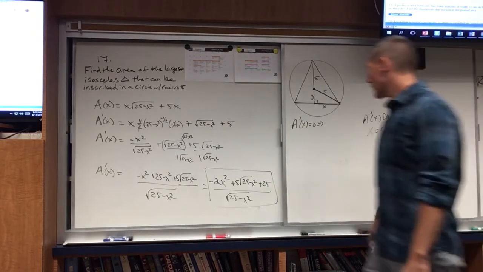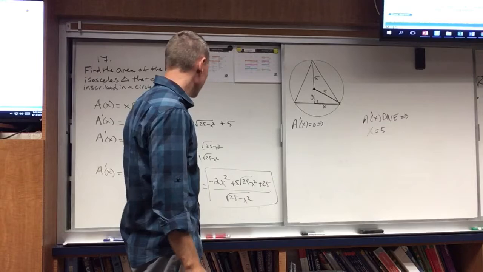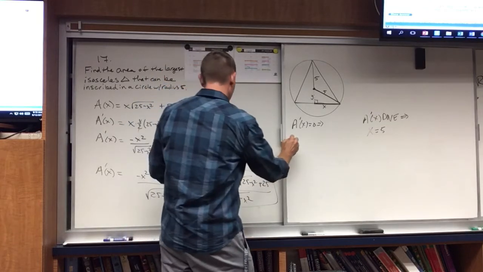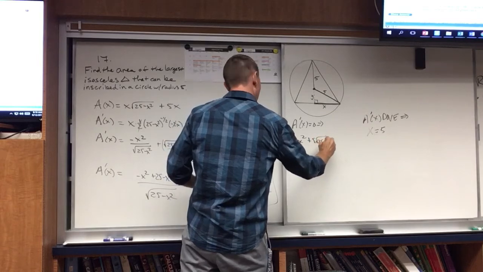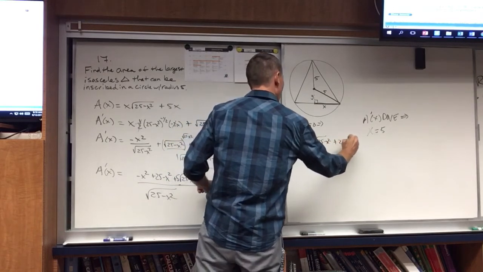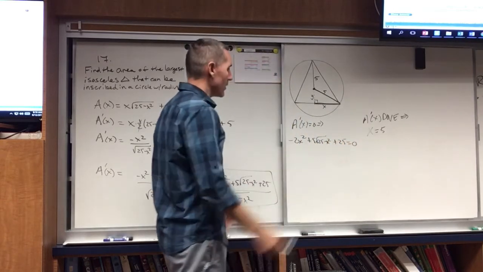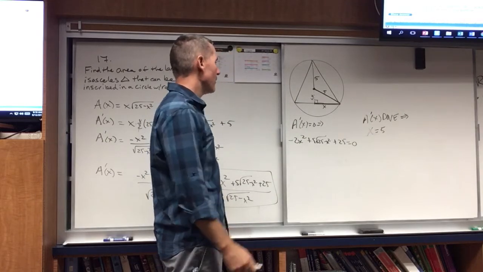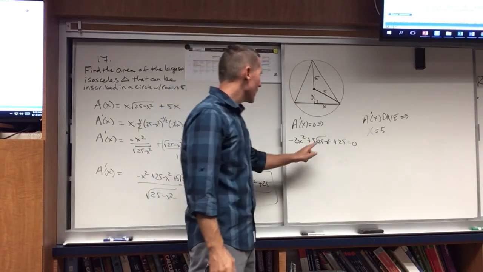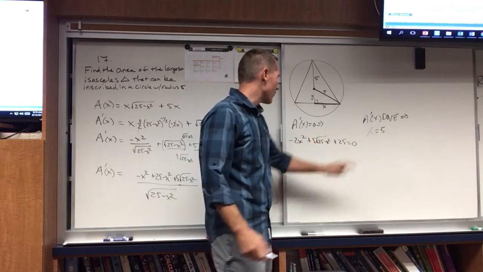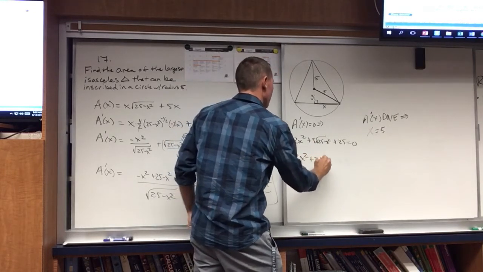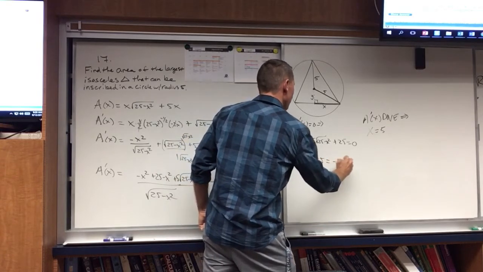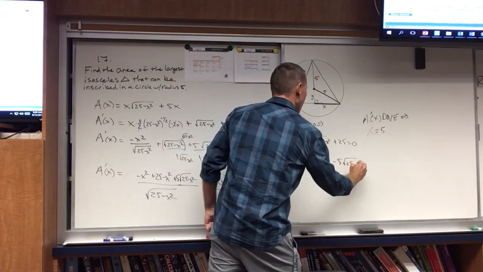Okay? And then over here, setting a prime of x equal to 0, I'm going to set negative 2x squared plus 5 root 25 minus x squared plus 25 equals 0. This requires a little bit of work. So if I were to move this guy over, I'm going to get negative 2x squared plus 25 equals negative 5 root 25 minus x squared.